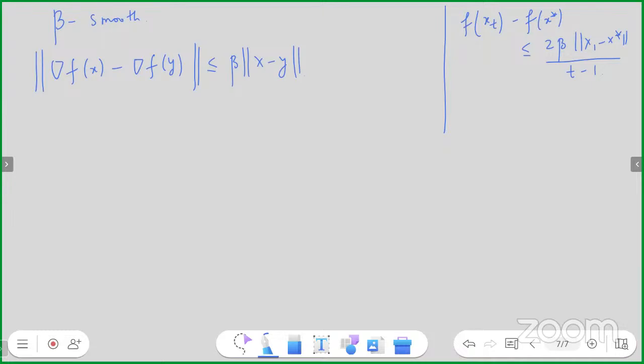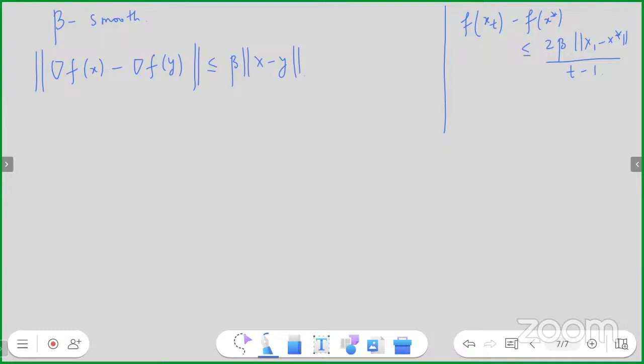In terms of T, it will remain the same, which is rather surprising. But it's good to remember that constrained or unconstrained, gradient descent or projected gradient descent, as long as things are beta smooth, gives you linear convergence. Then we didn't assume beta smoothness, we just got 1 by square root t, which is much weaker than 1 by t. Now we are attempting 1 by t.